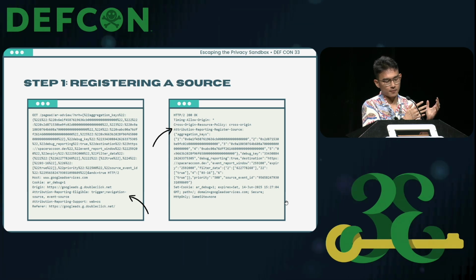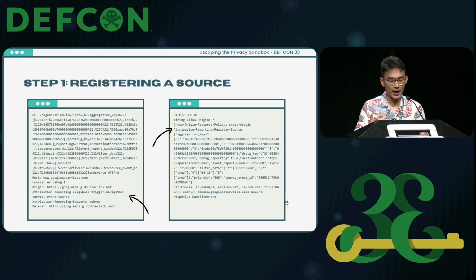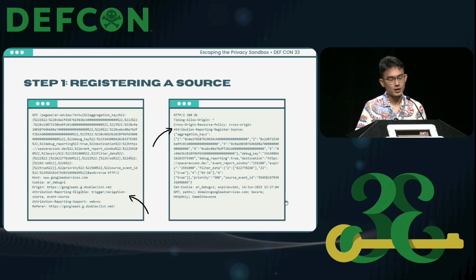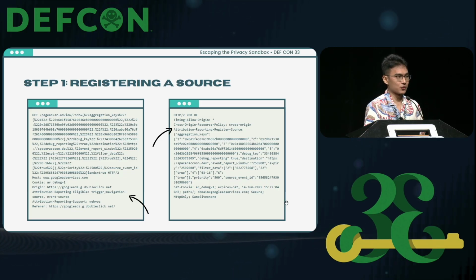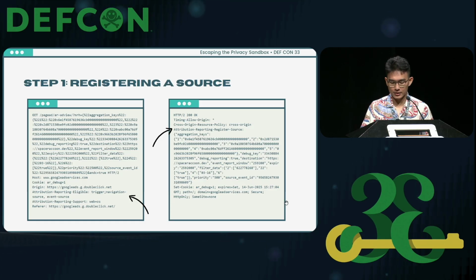This is what the request looks like when you make a request to the Google Ads server. Again, you can see the headers that are being sent. What's interesting I want to draw your attention to is on the right side. And the response as well, you would see some information regarding your source, such as the aggregation keys, the destination, some debug information, and all of these metadata that's used to characterize the ad that you just viewed for future analytics.